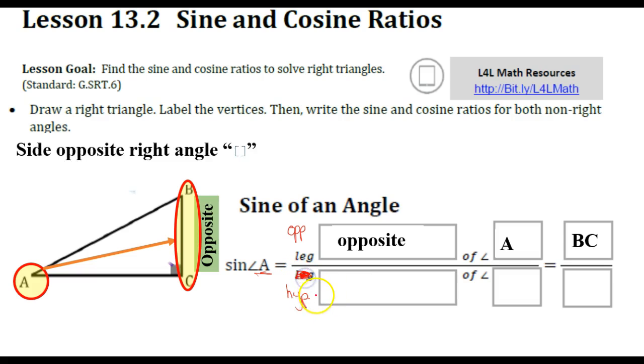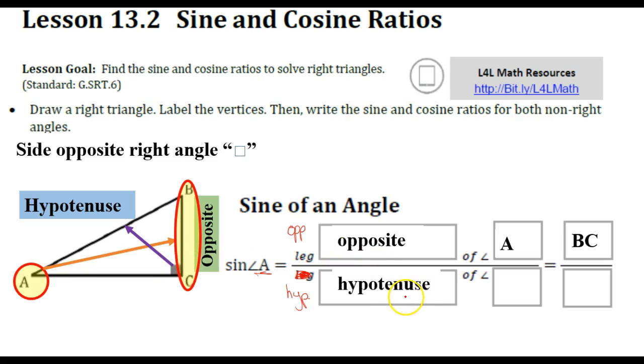It actually should be the hypotenuse, which, if you forgot what hypotenuse is, is the side opposite the right angle. So it's going to be the hypotenuse of angle, well, it's 90 degrees, that right angle, or angle C in this case, but it's 90 degrees. And that would be side AB. If at any point you need to pause, please feel free to do so.